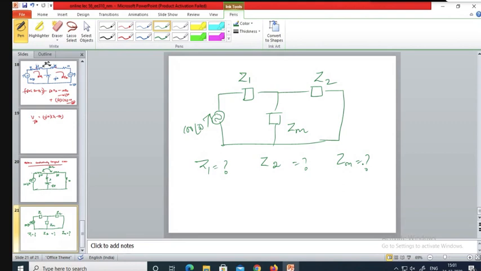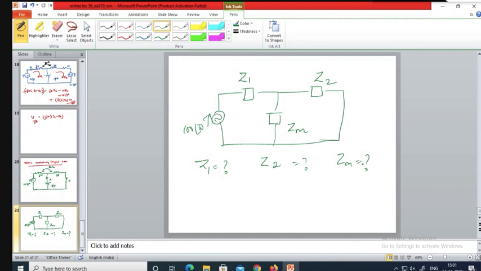So how to obtain this one? You can apply KVL for loop 1, or you can apply KVL to loop 2. You will get an equation. From that equation, you will have to identify the self impedance and mutual impedance.